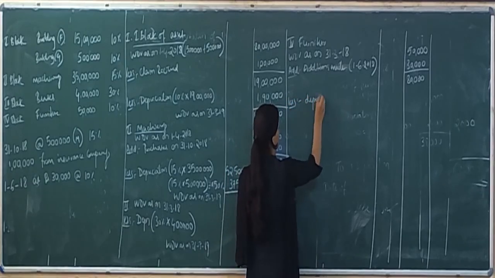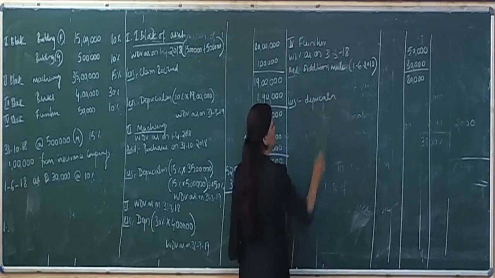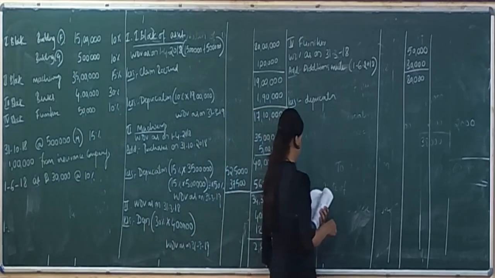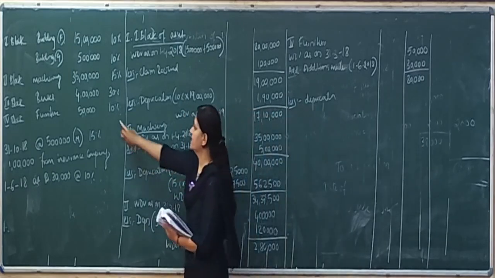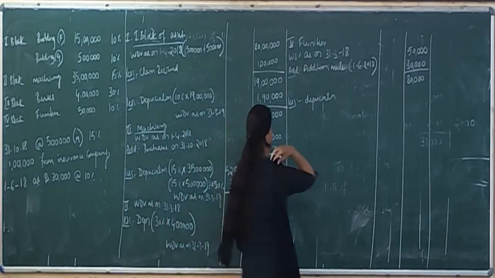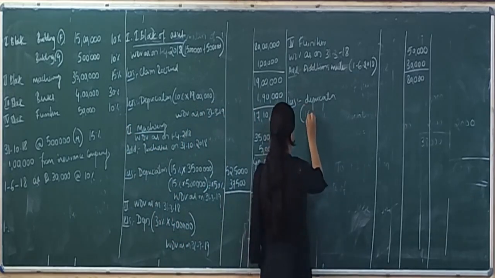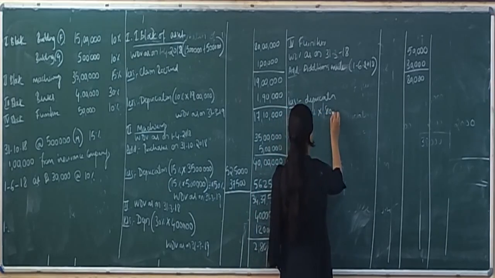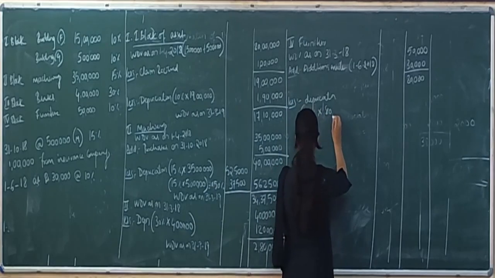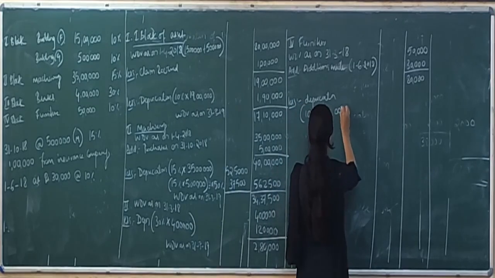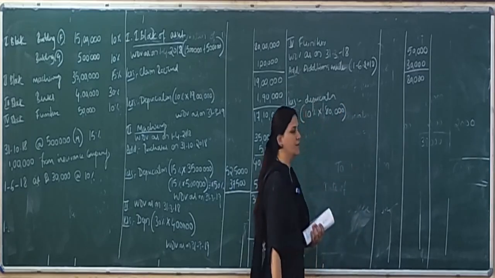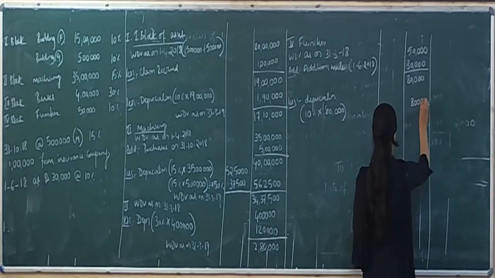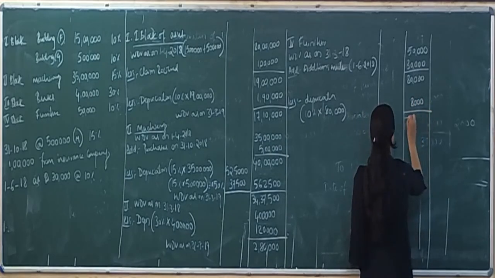Now, less depreciation on this. Okay, so the depreciation rate is being 10%. So 10% of this. Okay, so 10% of this is 8,000.